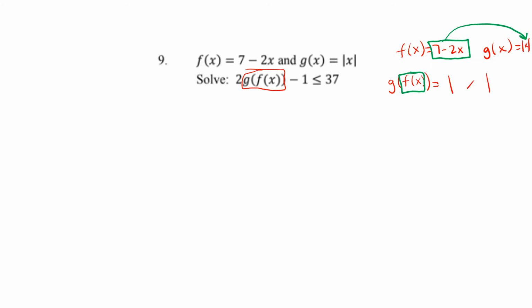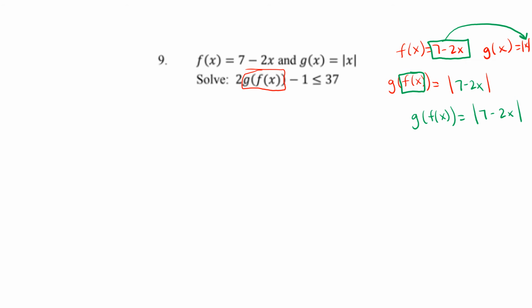Absolute value of x, but instead of writing x, we're substituting in 7 minus 2x. Okay, so this is really telling us that g of f of x is the absolute value of 7 minus 2x. I'm just going to rewrite it so we have it without the box on it. There we go. So what we do now is go back to this original problem.